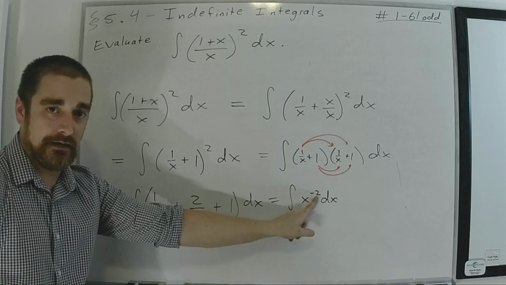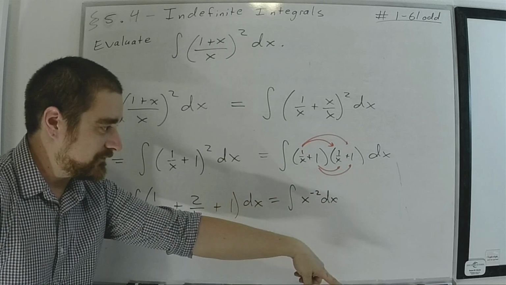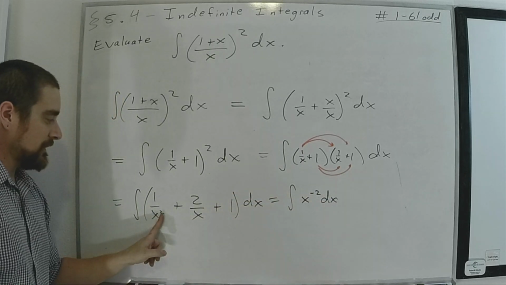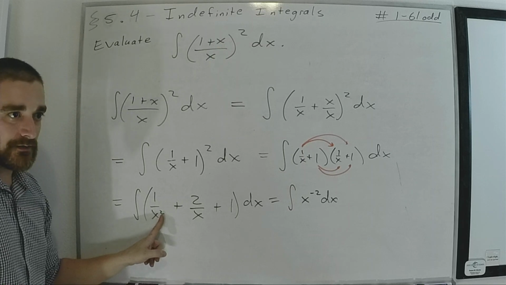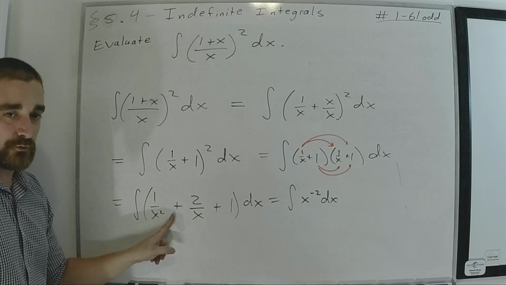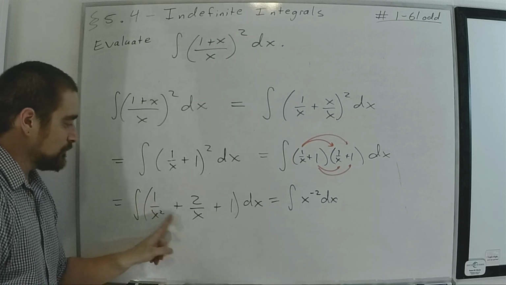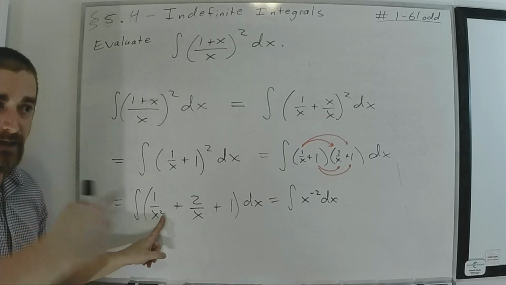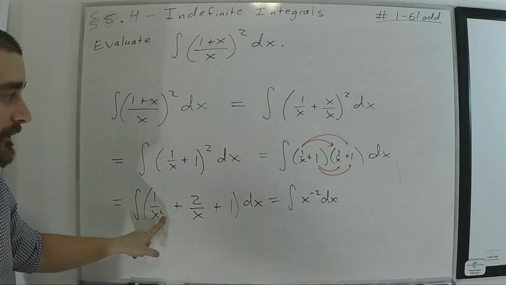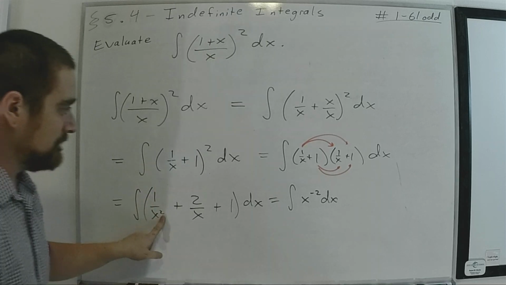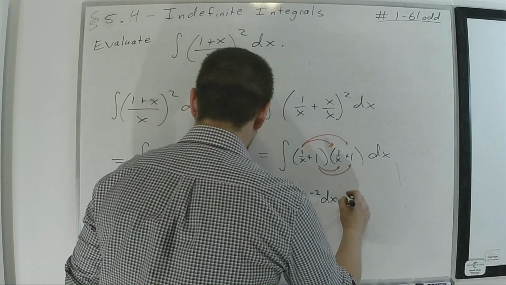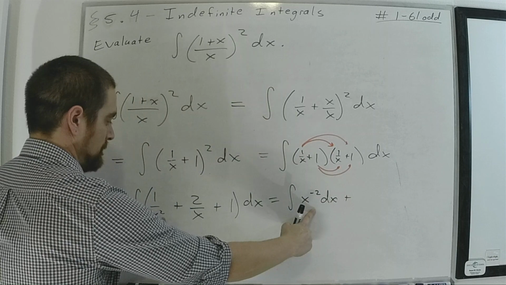You should be getting x to the negative 1 for your antiderivative. Lots of people will just jump on this and add 1 to the 2 power and say, oh, it's 1 over x cubed because 2 plus 1 is 3. We don't have a rule that lets us handle the power rule for derivatives in the denominator, and we don't have a rule that lets us handle the power rule for antiderivatives in the denominator. So we move it up.